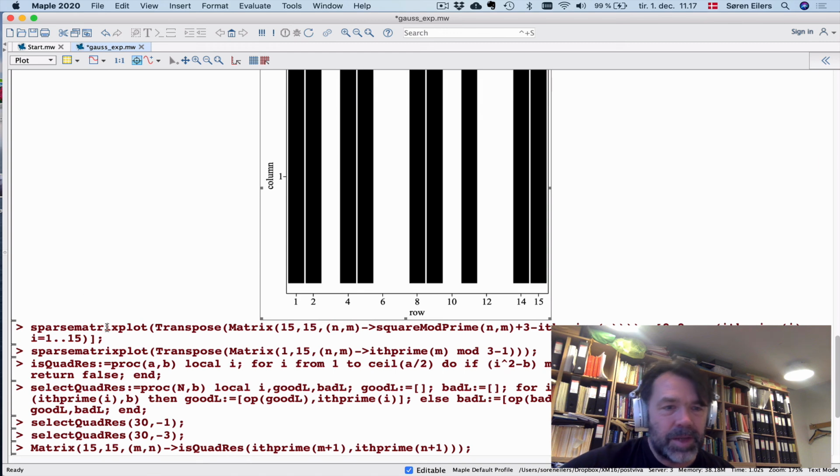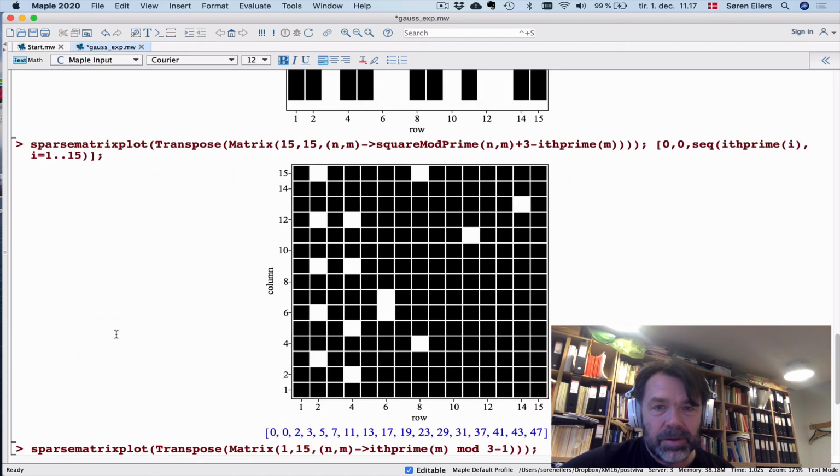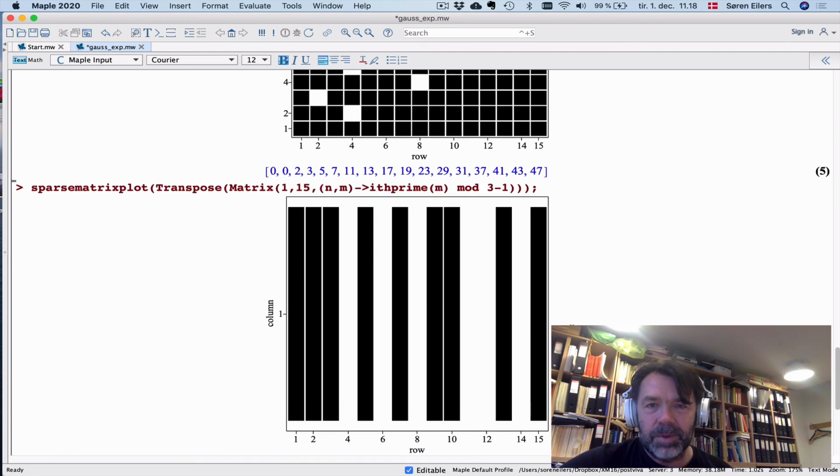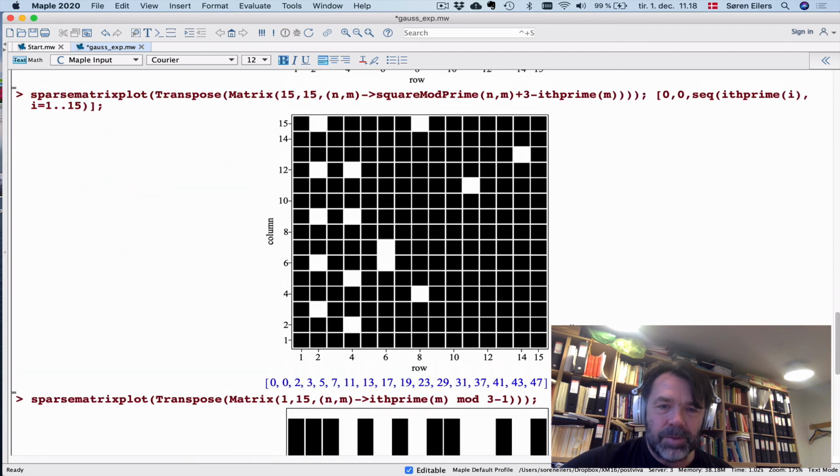Let's try to do the same with -3. So if we do the same with -3, this pattern emerges. So I'm asking, is -3 a square modulo various primes? And if you stare at this for a little while, you'll see what is relevant here is whether or not the prime is 1 modulo 3, right?